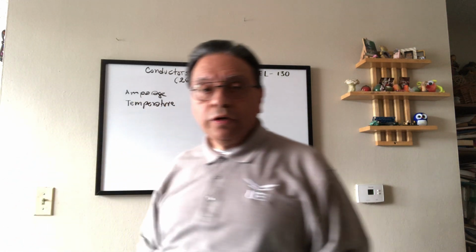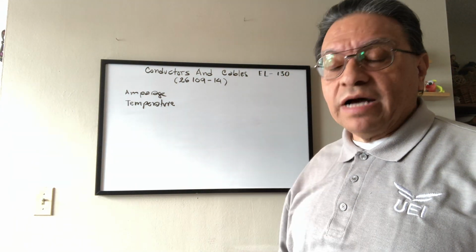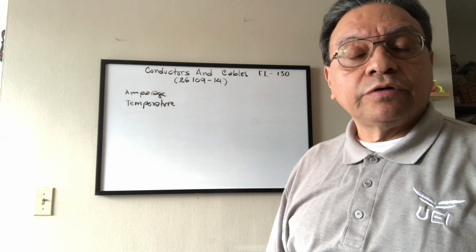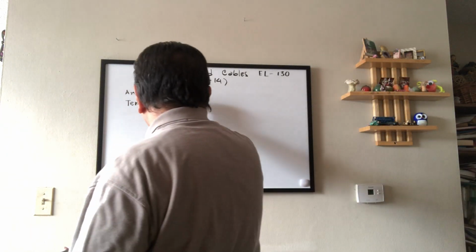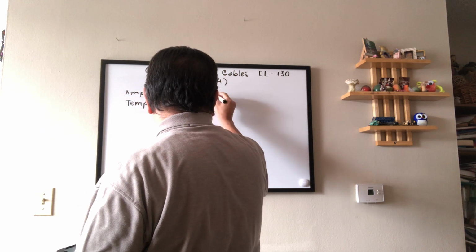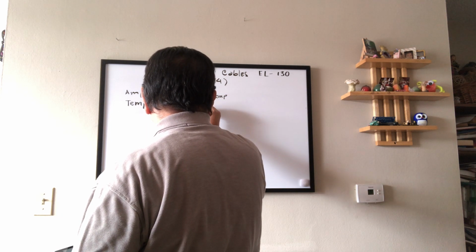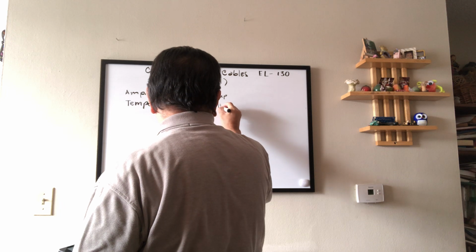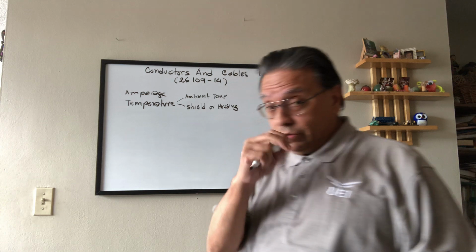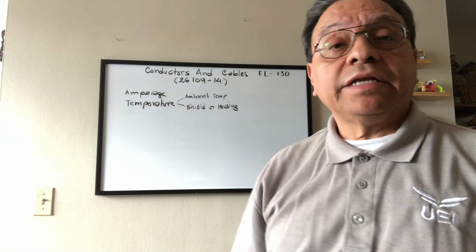And on the temperature, we need to take into consideration the ambient temperature, also the maximum temperature that the housing used to protect the electrical conductor can support, the kind of material used to house the electrical conductor.